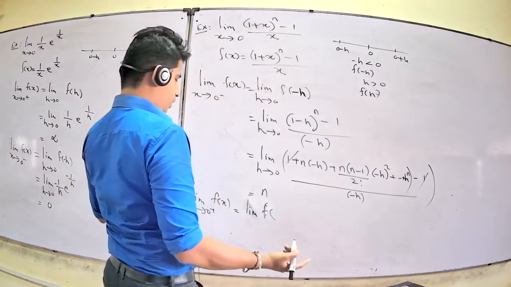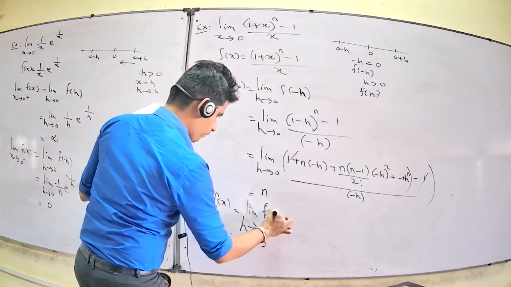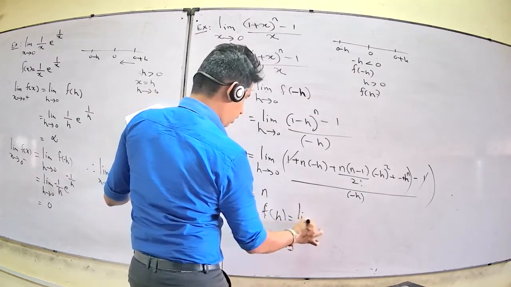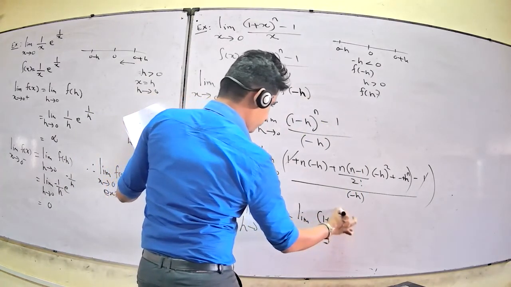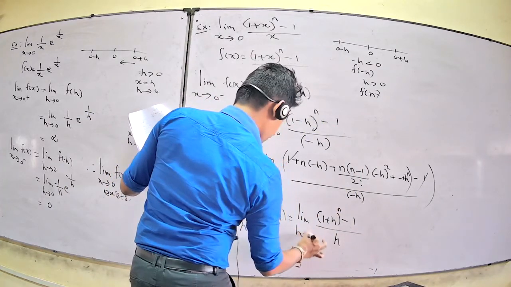As x tends to 0, h tends to 0. Therefore this is the limit of 1 plus h to the power n minus 1 over h as h tends to 0.